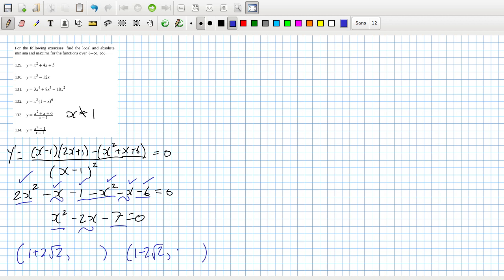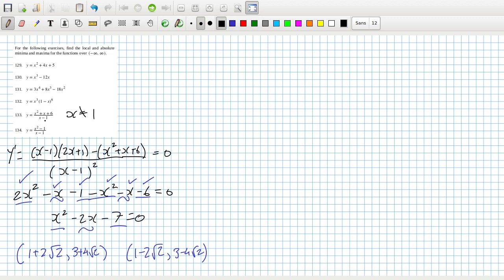Okay, and then the y value then. Okay. That would be 3 plus 4 root 2. And then 3 minus 4 root 2.